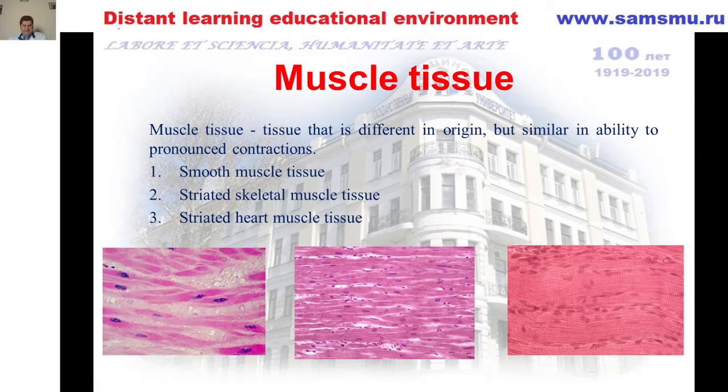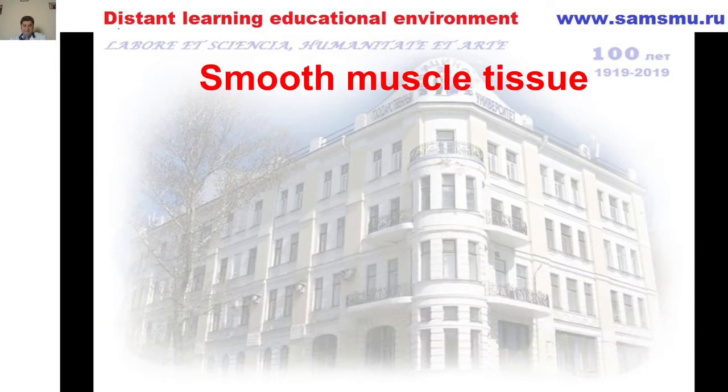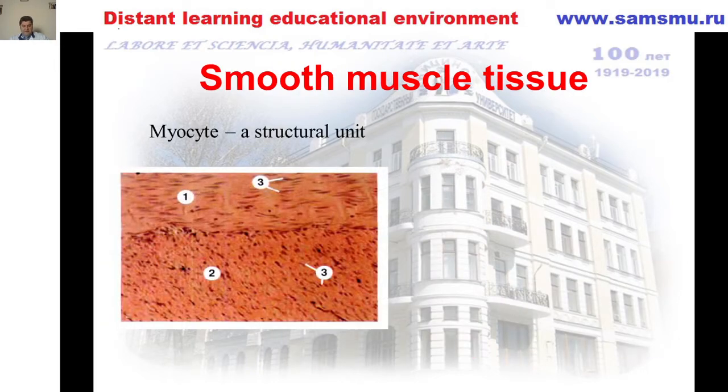Contractility is a specific property of muscle tissue which is ensured by the presence of a contractile apparatus in them. Smooth muscle tissue is involved in the formation of a number of internal organs, and is located in the walls of blood and lymph vessels. The smooth muscle cell, or myocyte, is the structural unit of smooth muscle tissue.